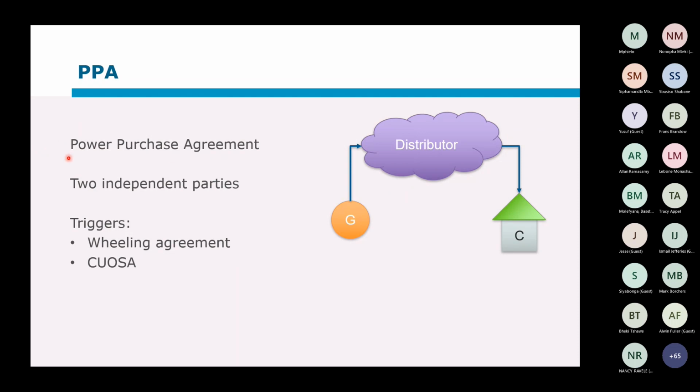So that power purchase agreement in the beginning was between the generator and Eskom. Since Eskom was the single buyer, I am aware of at least one of the round one IPP projects that was inside a municipal network, but Eskom was still the buyer.